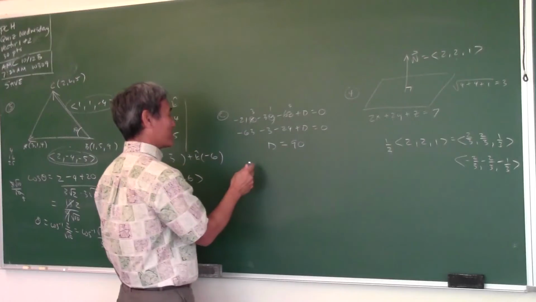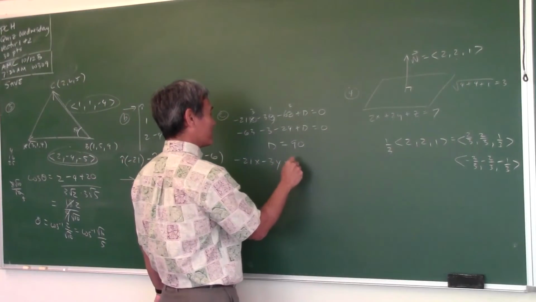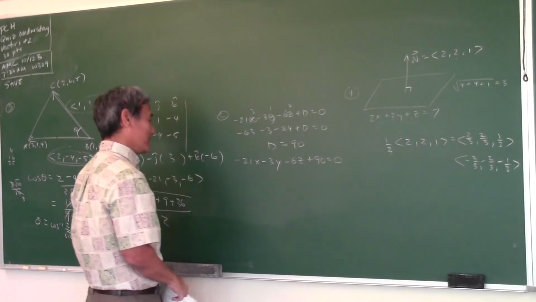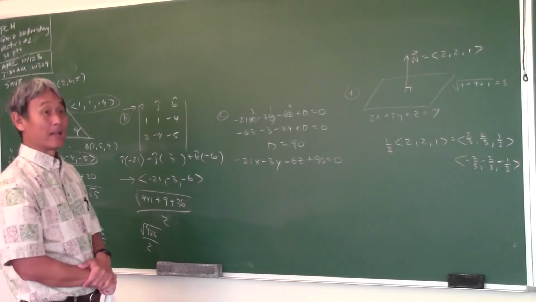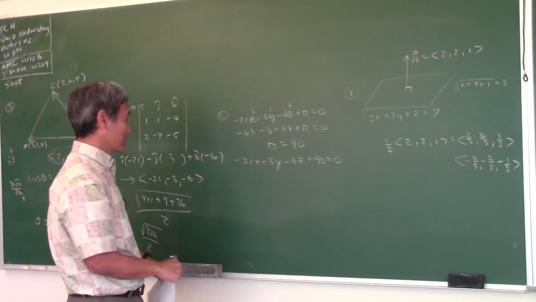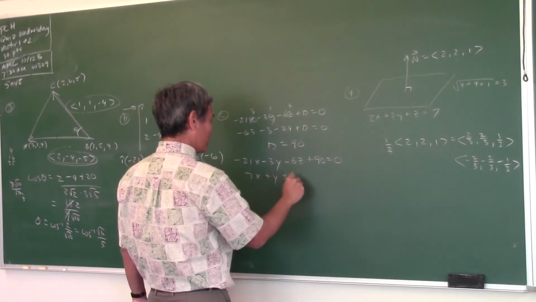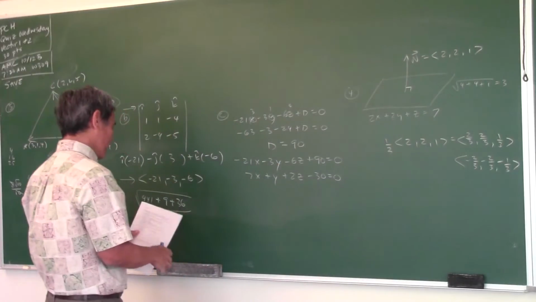So therefore, the equation of the plane is -21x minus 3y minus 6z plus 90 equals 0. But you can clearly see you can divide through by 3. In fact, why don't we divide by -3 so that the first term will be positive? So 7x plus y plus 2z minus 30 equals 0. That's the equation of the plane.